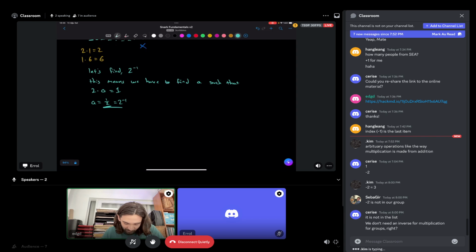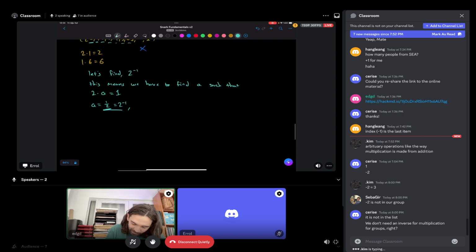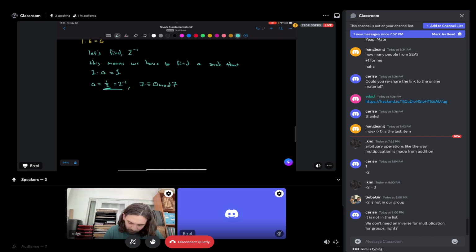Bearing in mind that we're in the modular arithmetic set, we have that 7 is congruent, basically the same thing as 0. So we could, for example, write out the multiplicative table. We could do where it goes 2, and then 4, and then 8.